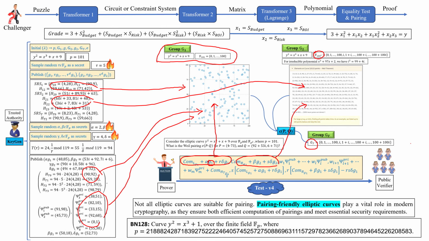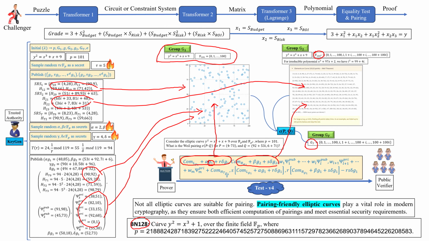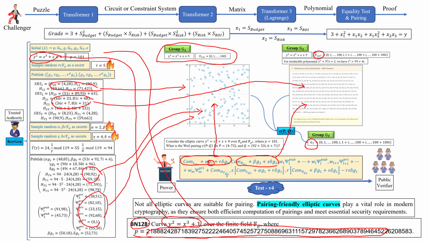So here we have some standard pairing friendly curves like BN128, whose elliptic curve formula is this one. So here we see that the formula is different from our decided formula, and also the prime value is so big, right? Our chosen value was 101, but the practical value in this standard curve is so big.